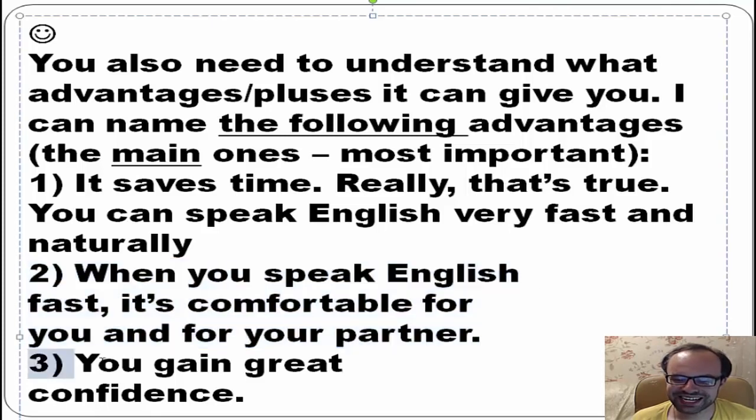So you gain great confidence. So gain means get. So you get, or you have great confidence. It means that you believe in yourself. You think, oh, I can think in English. So it's really good.